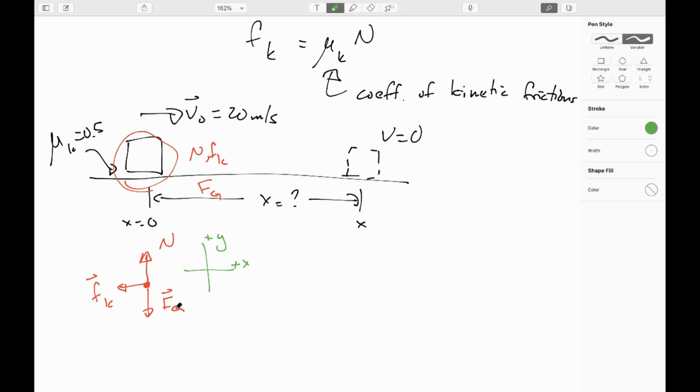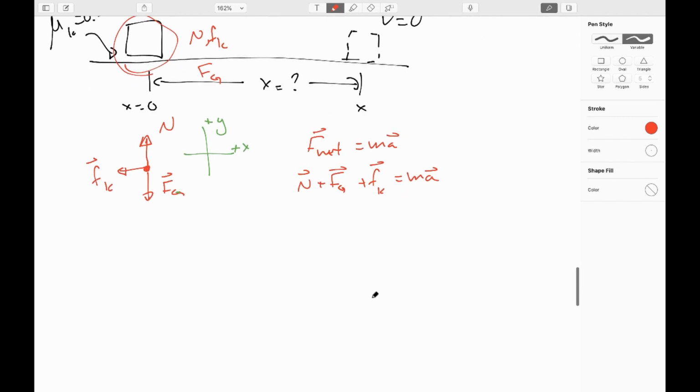All right, so then we can say F net equals ma, so it'll be the normal force plus gravity plus kinetic friction equals ma. So again, we can take the y component of this and get that normal force minus gravity equals 0, just like before.